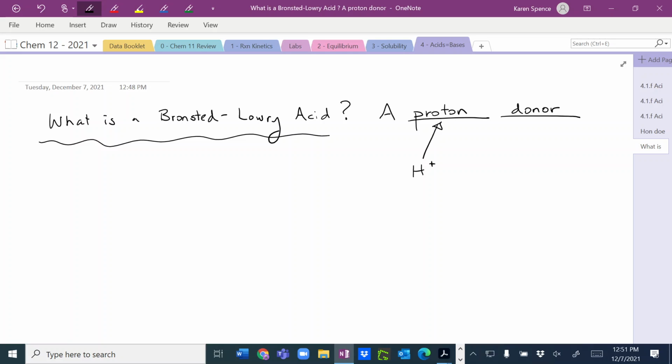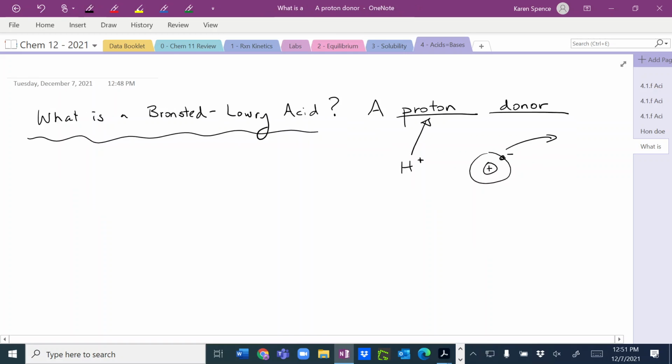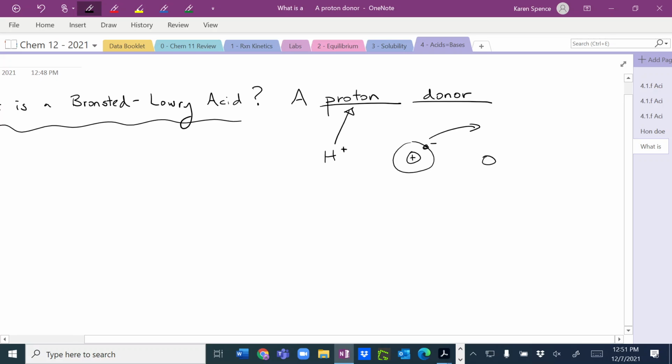Yeah, a proton, when it comes to acids and bases, means a hydrogen ion, because if you imagine a hydrogen ion, how many protons in a hydrogen atom? One. So we have one proton, and we have, zooming around the outside, one electron.